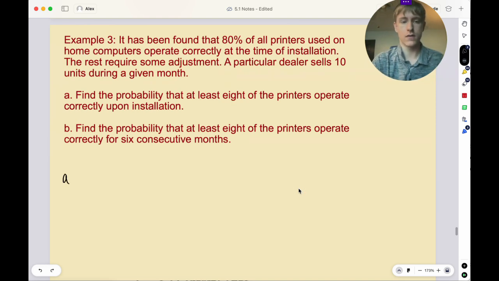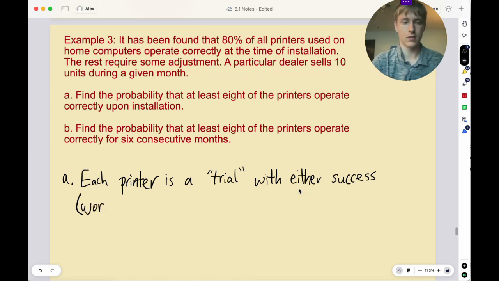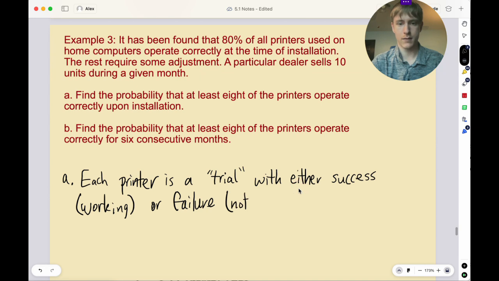Okay, so the first thing to note is that each printer being sold is a trial in some sense, with either success or failure. The success in this case is operating correctly, or in other words, just working, or a failure, which is not working.